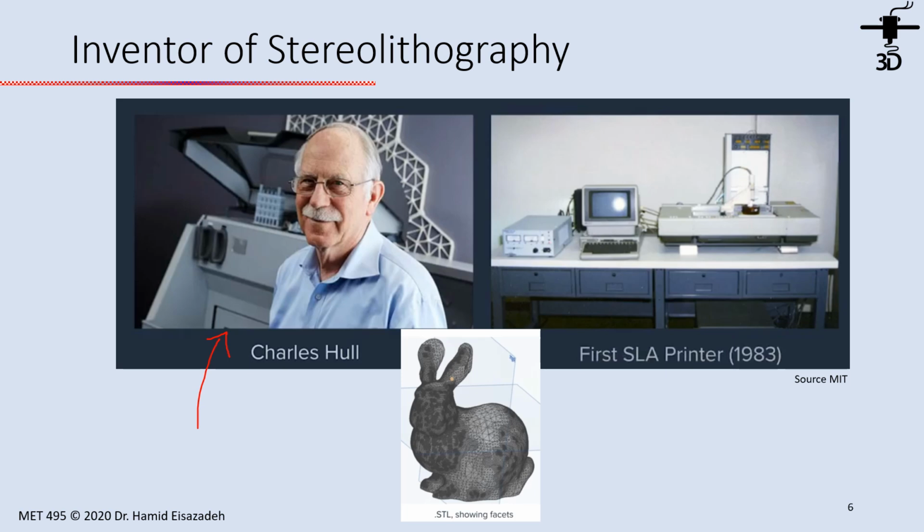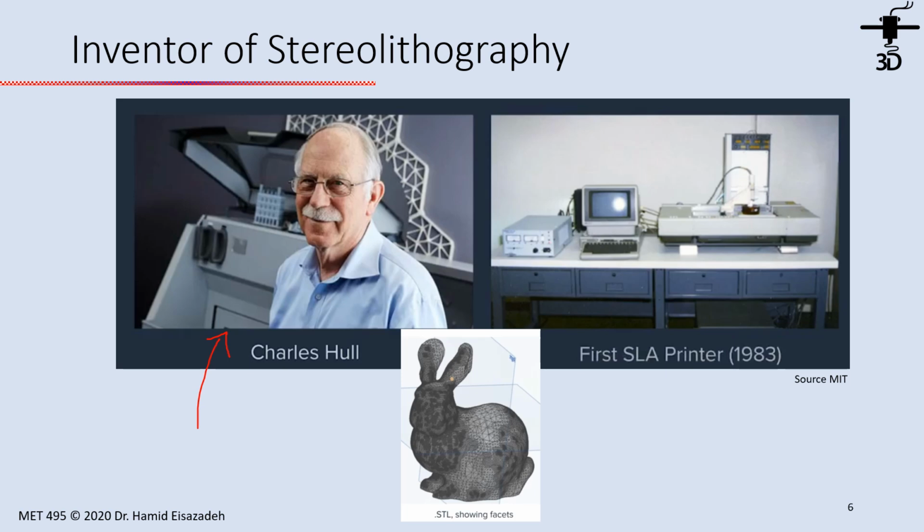One of his other important achievements was co-creating the STL file. STL is a file format that let him do 3D printing using his machine, and this file format is still widely used today.